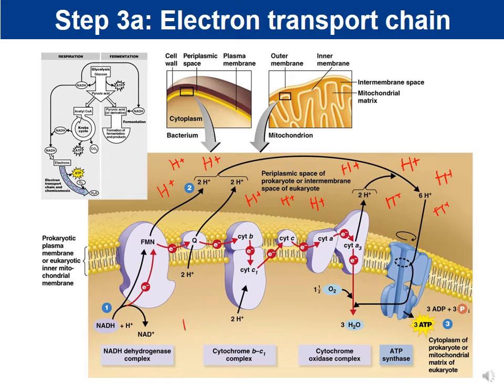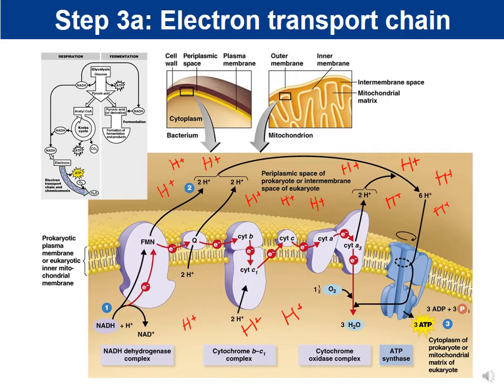And in here would be the matrix. Notice that, again, I'm going to use this in terms of eukaryotic cells. Notice that out here, the intermembrane space has a higher hydrogen ion concentration relative to the matrix.